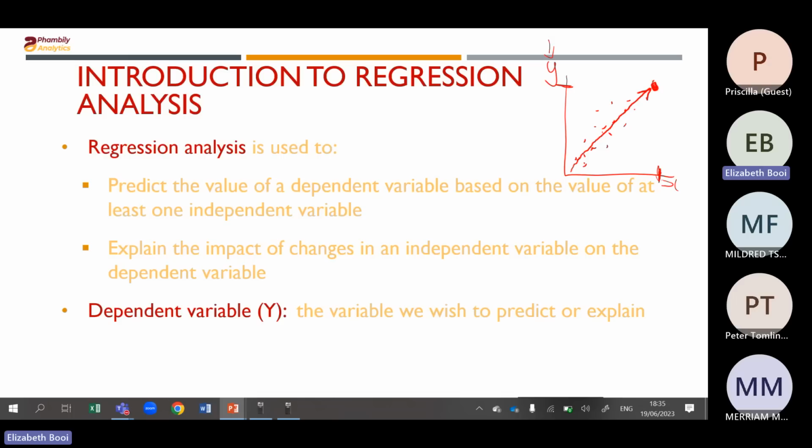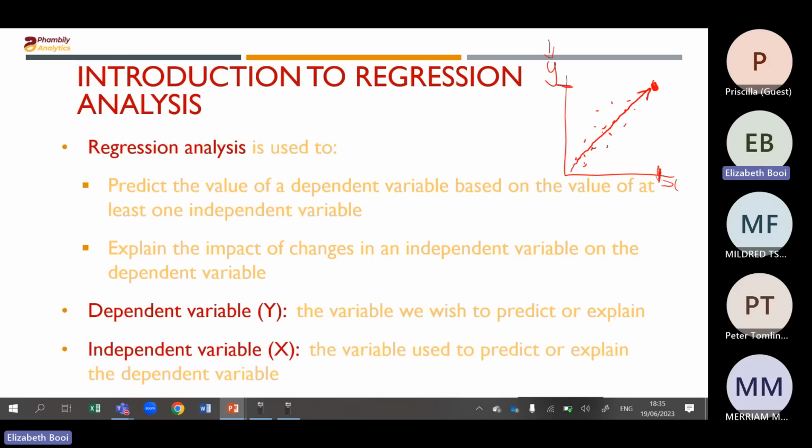Your independent variable is your x variable, the variable that you're going to use to predict the y variable. And when we predict the y variable, we put the y hat on top of the y so that it becomes the predicted value. At the moment, these are just your actual values. The minute we predict the new value, we put a y hat to create a predicted value. So you will see this with the regression line.